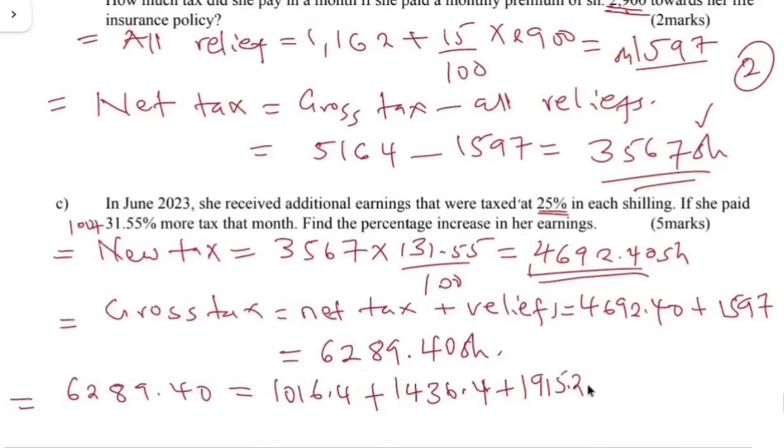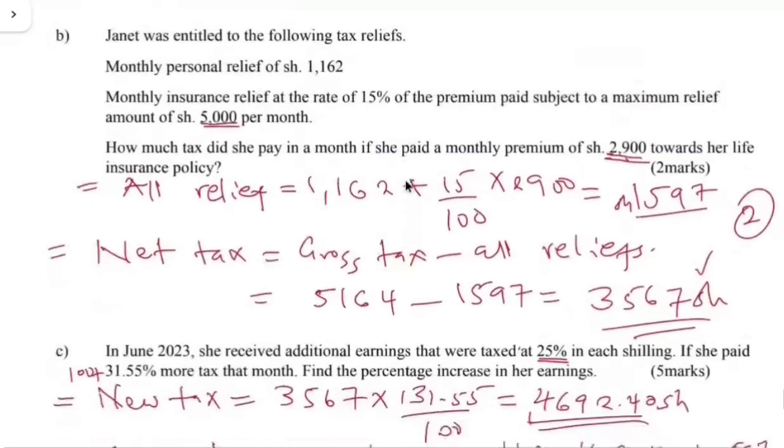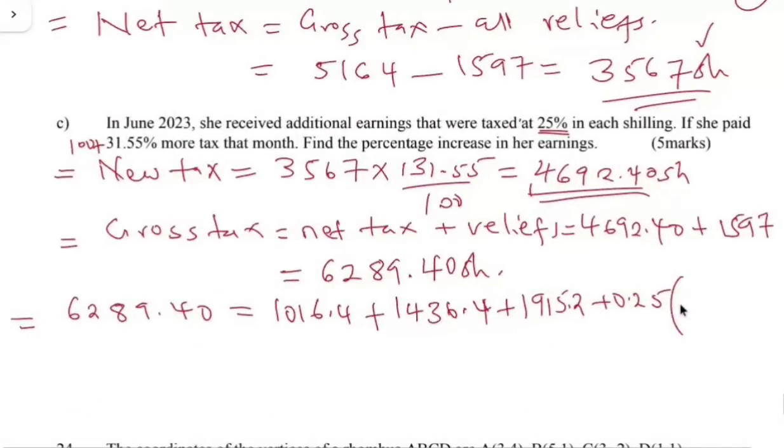Plus, okay, 0.25 ambao ni 25% multiply by, remember ile slab hii hujui taxable income yako yote, so achukua ile taxable income minus 29,316 ndo itakupa taxable income in your fourth slab. Yani your taxable income ni x, minus ile ambayo iko juu which is 29,316.